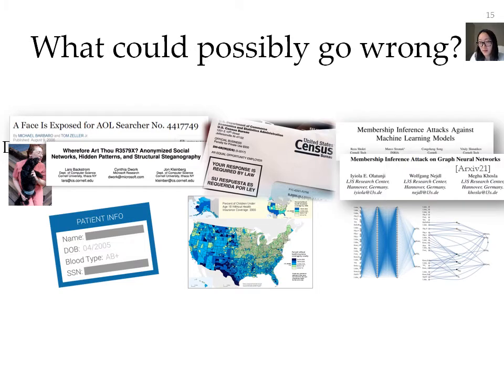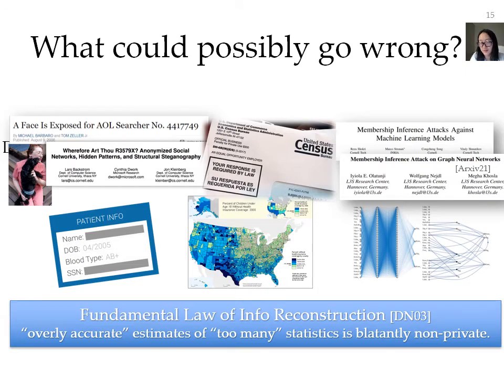Last, machine learning models also fail. Numerous studies have demonstrated that one can learn the membership of an individual in the training set that's used for training the model. And the fundamental issue here is summarized as follows. If we release too many statistics with high accuracy, we can reconstruct the database and hence fail the privacy.